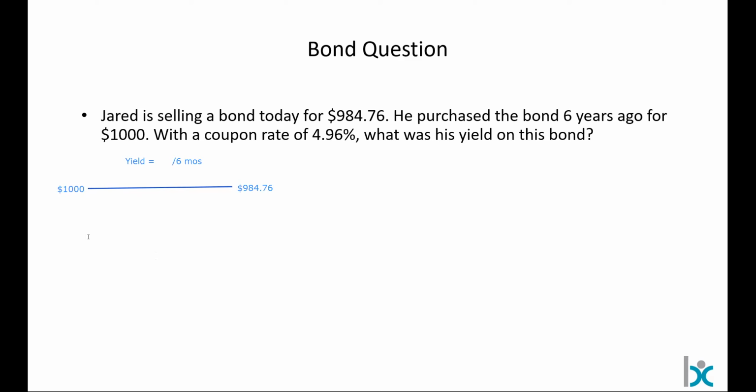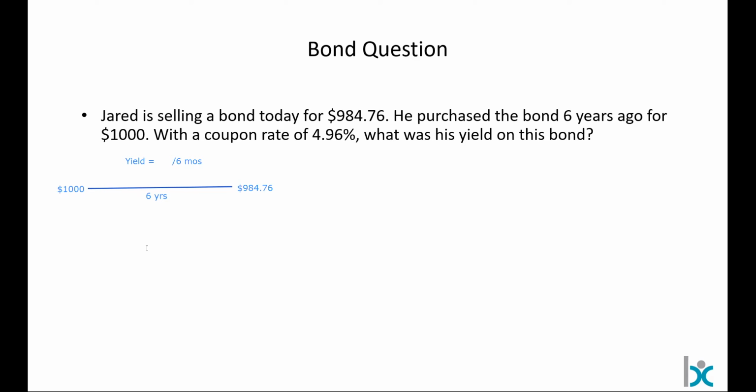What else do I know? How long is my line? 6 years, right? That's a 6-year line. And what is the coupon in this case?